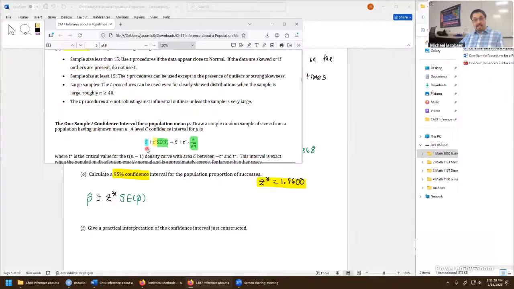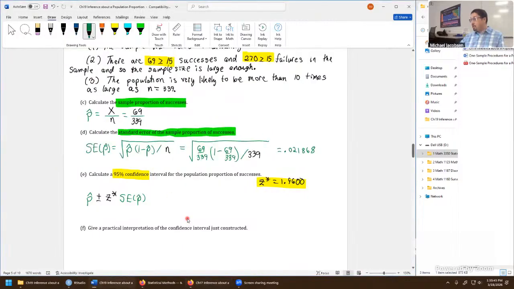You start with a statistic, X bar for quantitative data, p hat for categorical with 2 categories. You use a critical number, T star for quantitative, Z star for categorical. You multiply by whatever the formula is for standard error. And it's exactly what we have here, just a different standard error formula. So it's nice to have that strong level of parallelism.